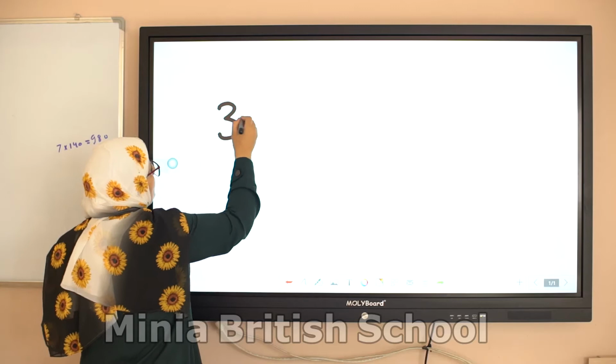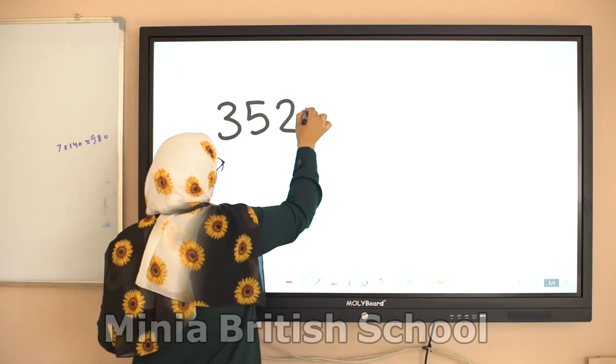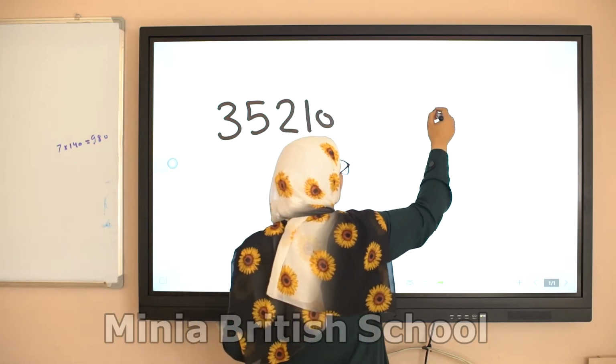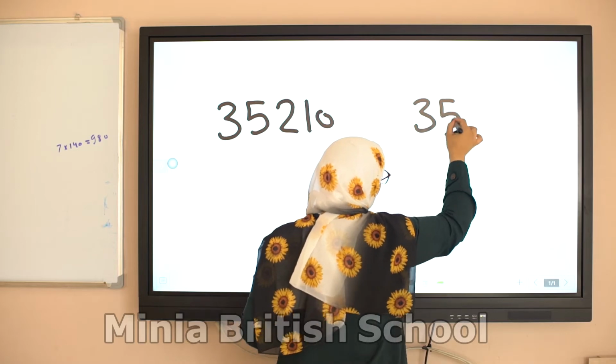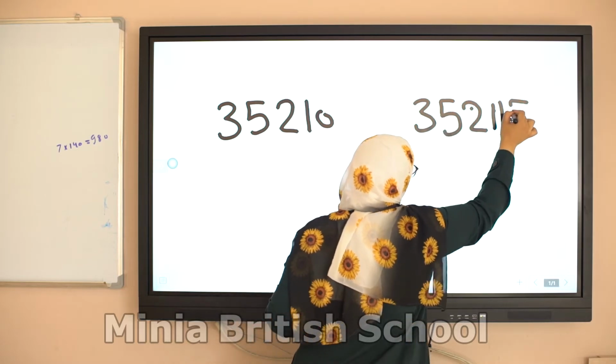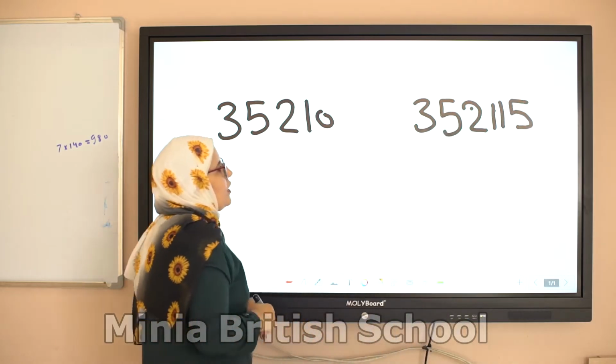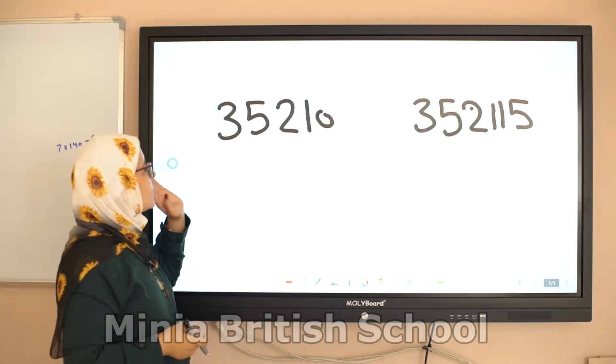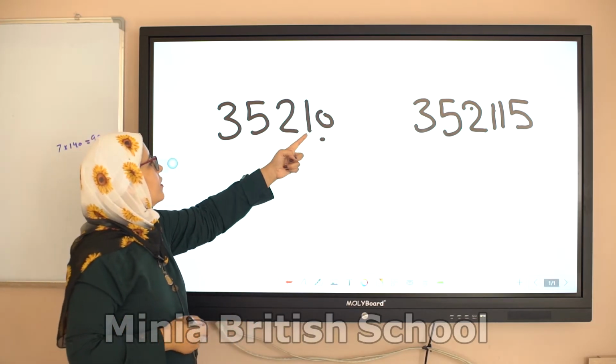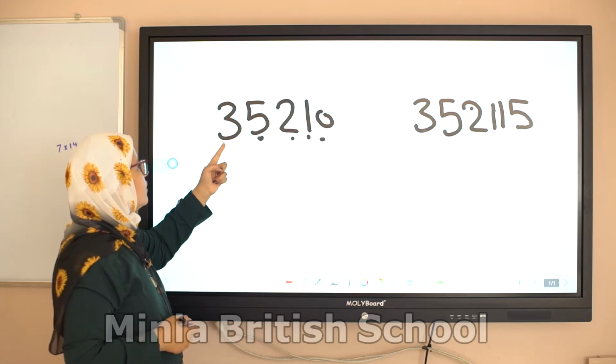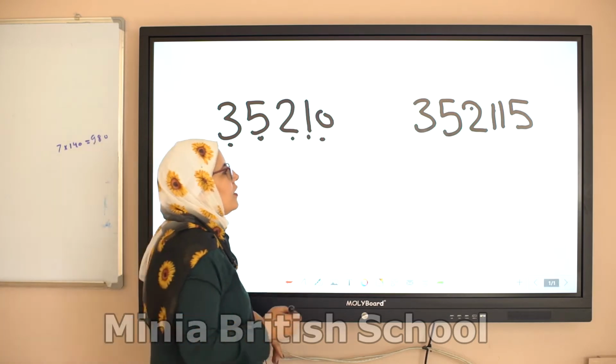If I have a number like this, here we have a number consisting of how many digits? Count with me. 1, 2, 3, 4, 5. We have 5 digits here.